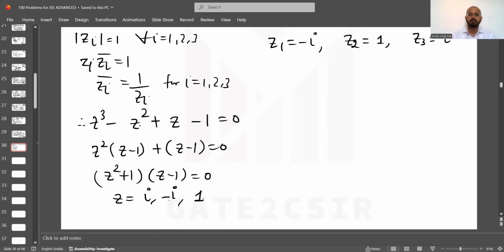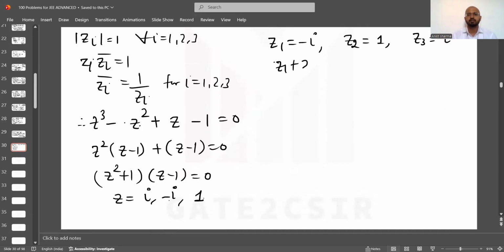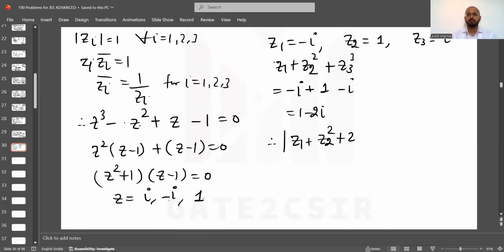So now we need Z1 + Z2^2 + Z3^3. Z1 is 1, Z2 squared will be -1, and Z3 cubed is -i, which gives me -1 + ... So its modulus, |Z1 + Z2^2 + Z3^3|, will be the modulus of the resulting expression, which is root 5.